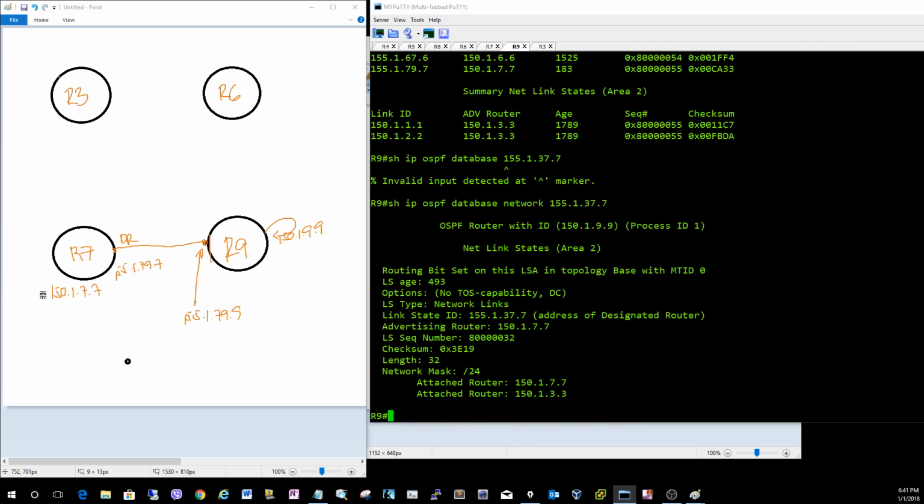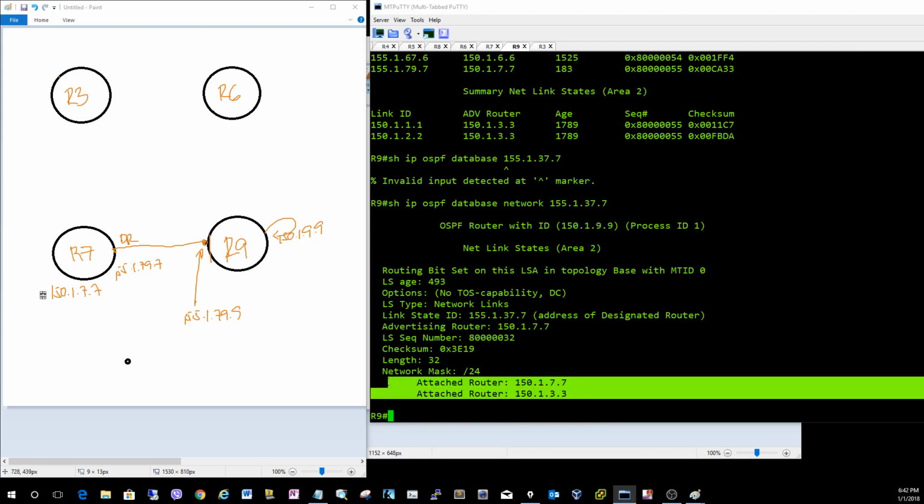Okay. So here on this particular segment, there are actually two routers participating on it, which are 150.7.7 and 150.1.3.3, which is this router. Again, this is the router ID.